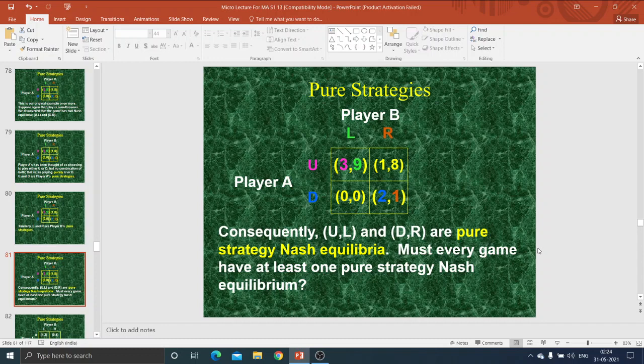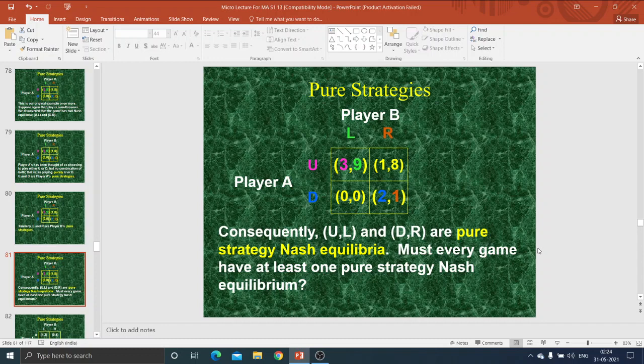Consequently, UL and DR are pure strategy Nash equilibria in that sense. That is, L and U, 39 and 21, is a pure strategy. Must every game have at least one pure strategy Nash equilibrium? The question is: do we necessarily have a pure strategy equilibrium in every game?